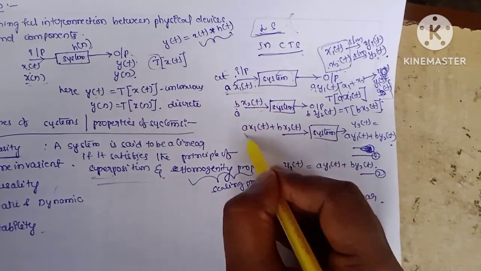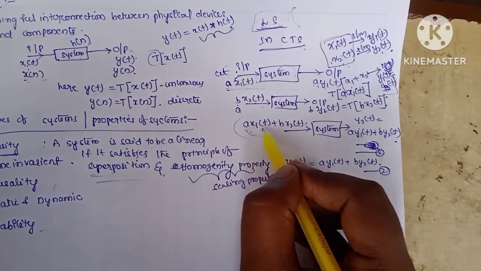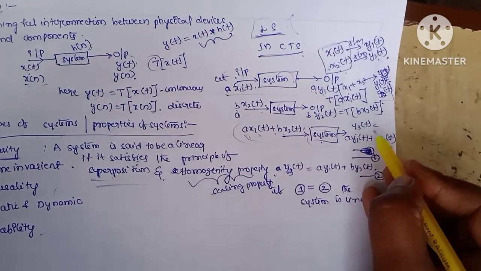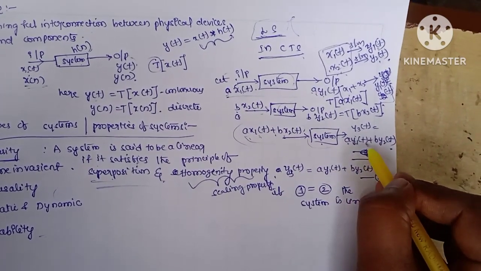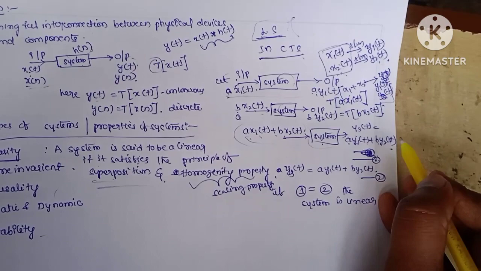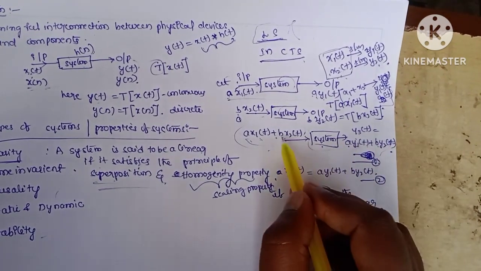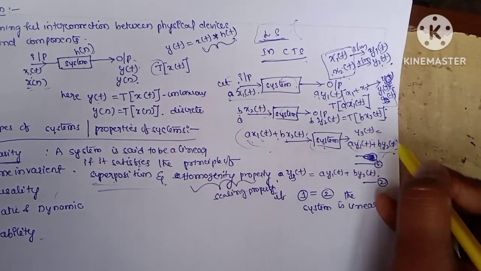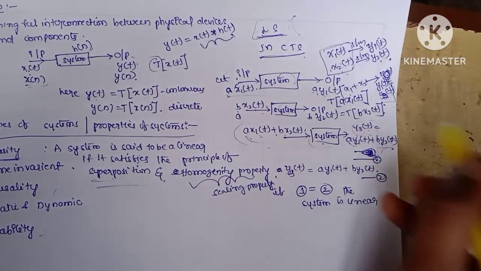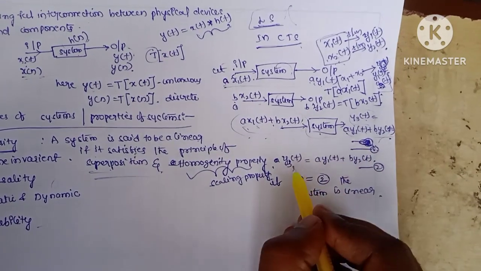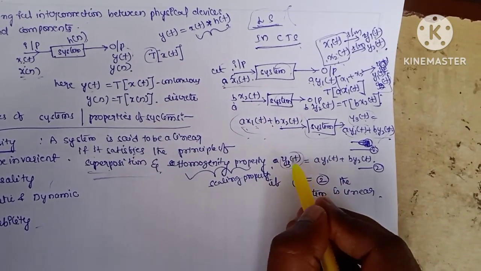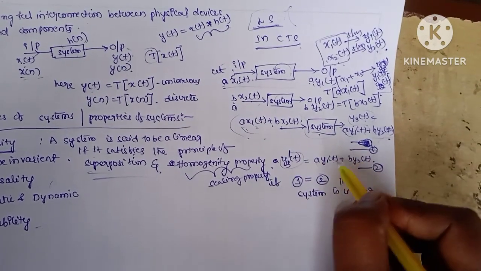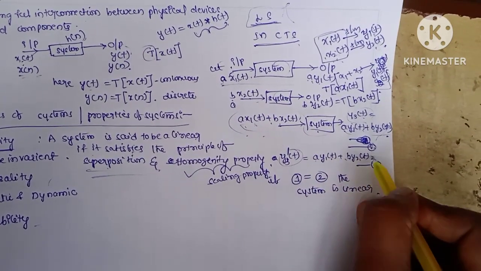So I sum a x1 of t plus b x2 of t and pass it through the system, I get the output y3 of t, and if I take y dash 3 of t is equal to a y1 of t plus b y2 of t.